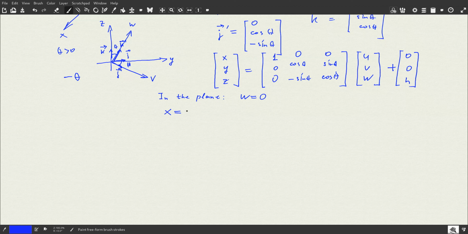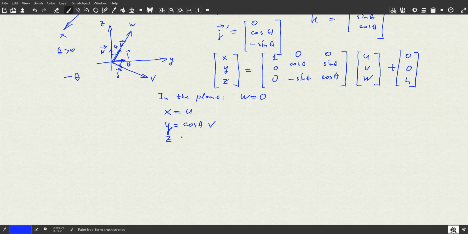X equals U, Y equals, there is not even a sine theta term because W is 0, therefore Y is just cosine theta times V and nothing else.